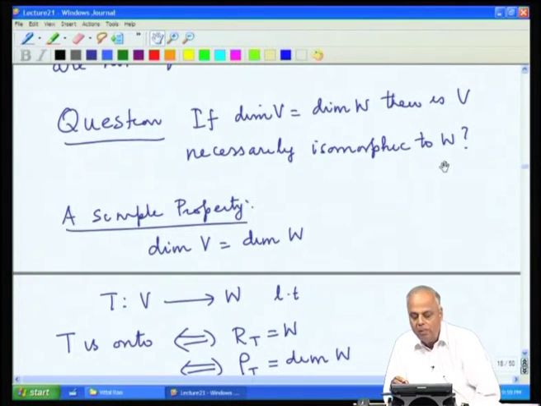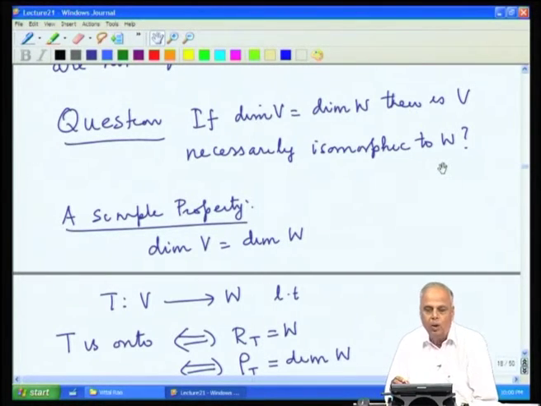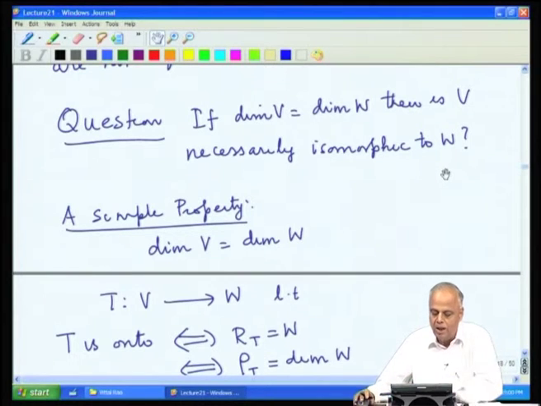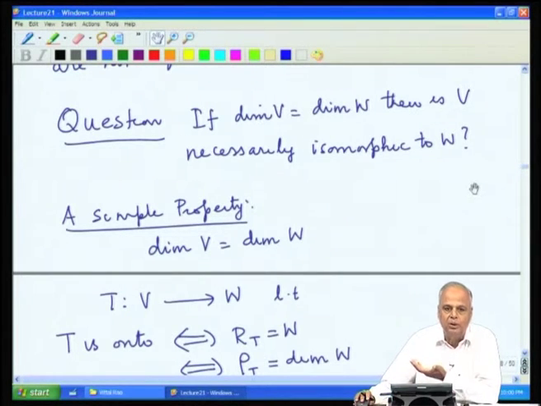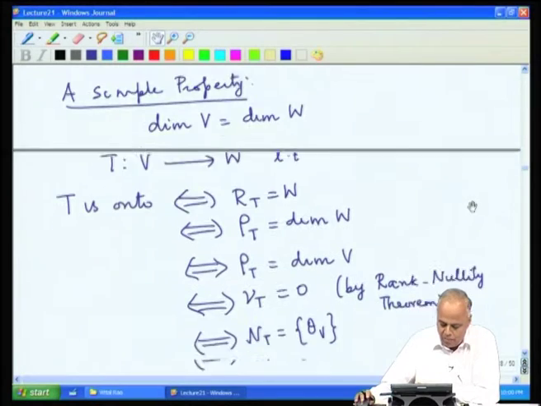This means, can we generate a linear transformation from V to W, which is both 1 1 and onto. But now I do not have to worry whether 1 1 and onto; either 1 1 or onto is enough, because one of them implies the other. So, to check isomorphism, it is enough if we check one of them.